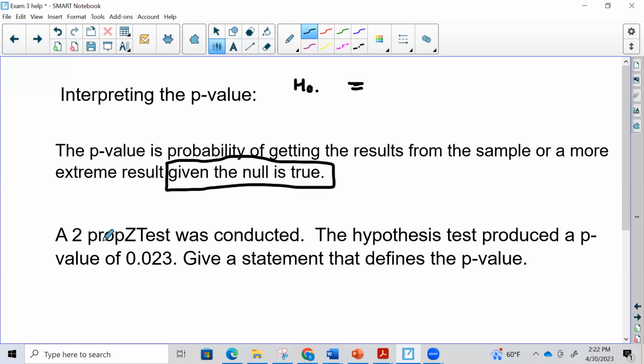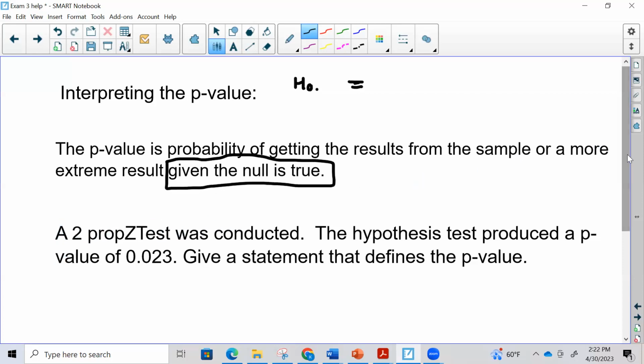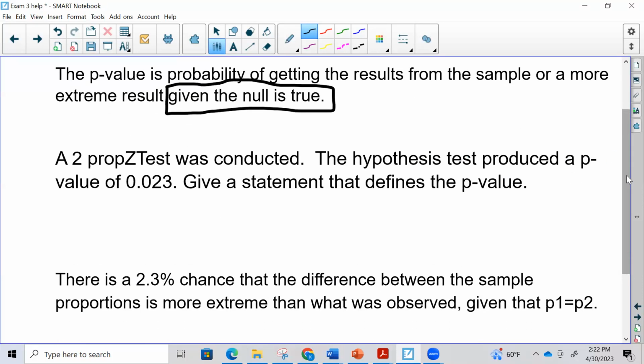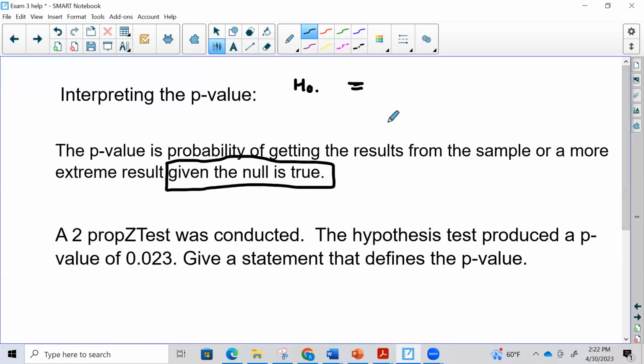So for an example, say I ran a 2-prop z-test, and the hypothesis test produced a p-value of 0.023. And it says, give a statement that defines the p-value. So the first thing you have to think about is, what does the null and the alternative look like when I do a 2-prop z-test? When we do a 2-prop z-test, we're comparing two proportions, and our null is always like p1 equals p2. So we're always assuming that they're equal.